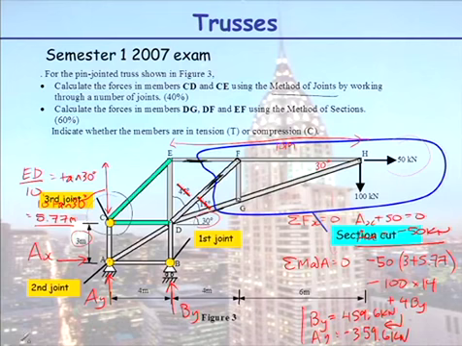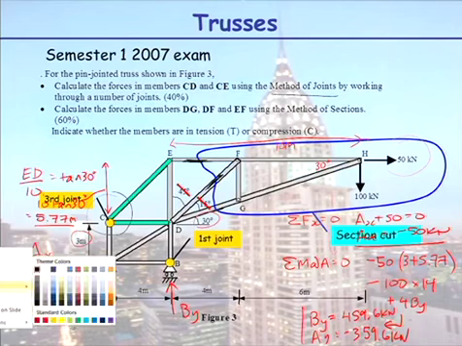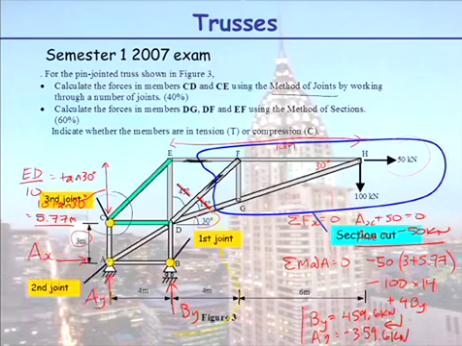I have drawn a blue one, and you could, if you wish, say, no, I'm going to consider my yellow free body diagram. So you have two possible free body diagrams, free body diagram 1 or 2.